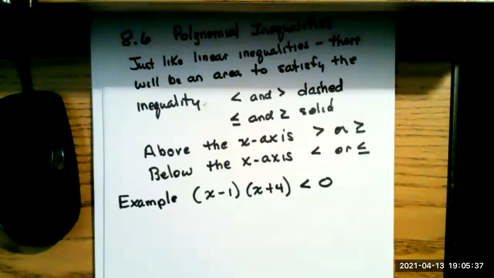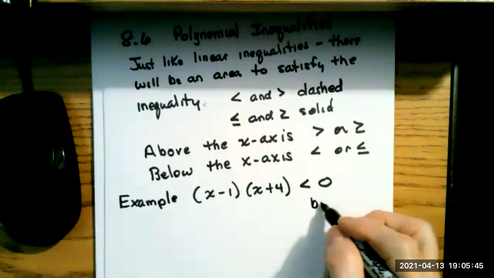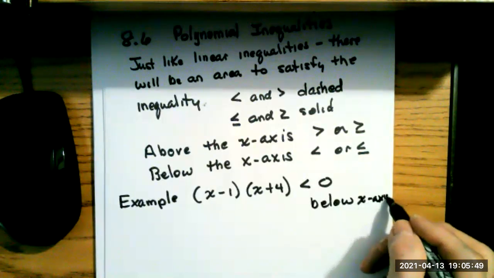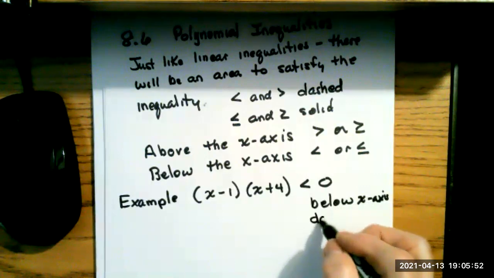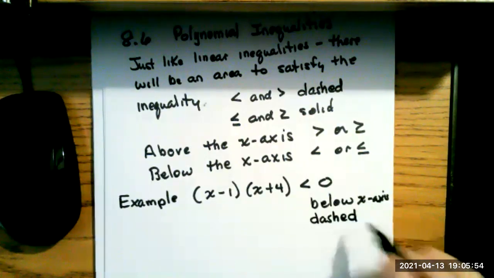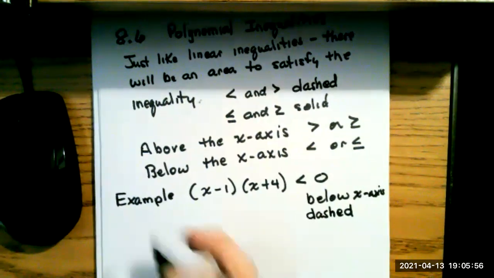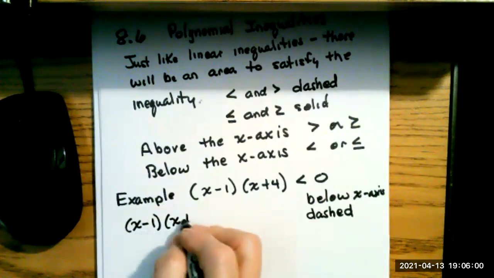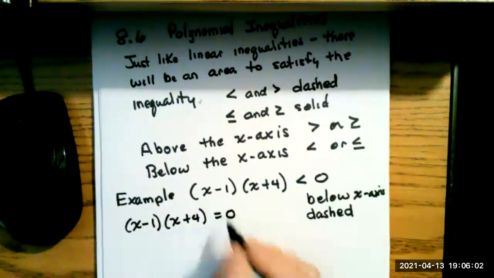So it's a little bit different. We don't shade. We just look at our curve and see which part of the curve is below or above. So we're looking at below the x-axis, and it's dashed. Okay, so that's kind of what we're going to look at. To get the boundary, just like before, we set these equal to 0.